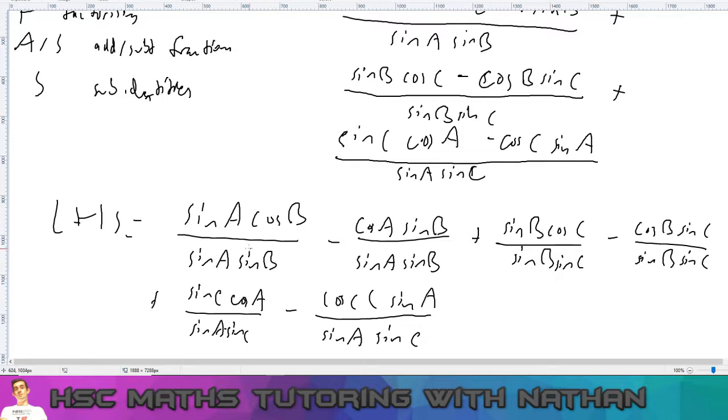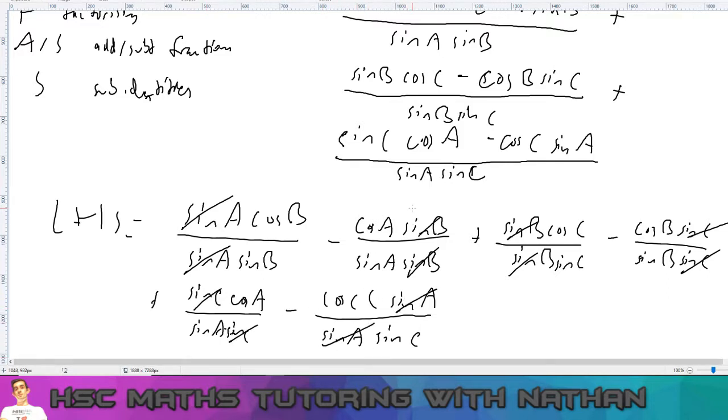I get to go through and cross out all the like terms on top and bottom now. They're gone: sine B's, sine C's, sine C, and sine A.